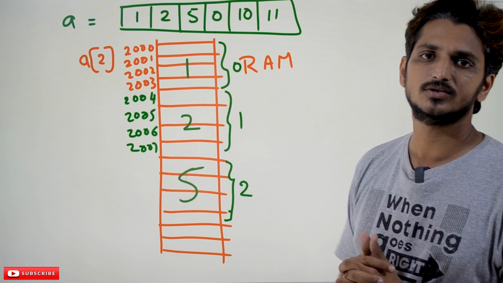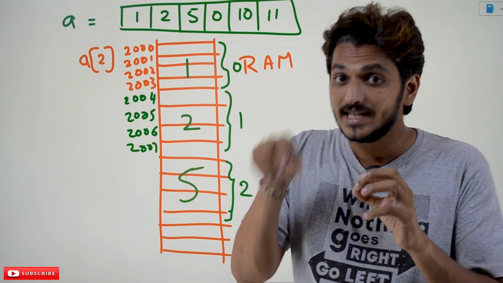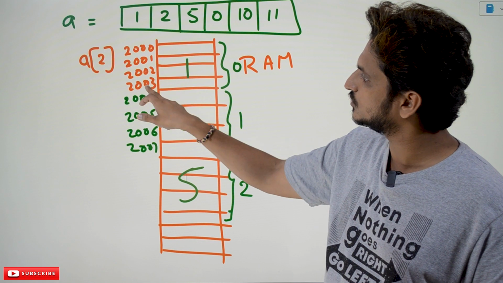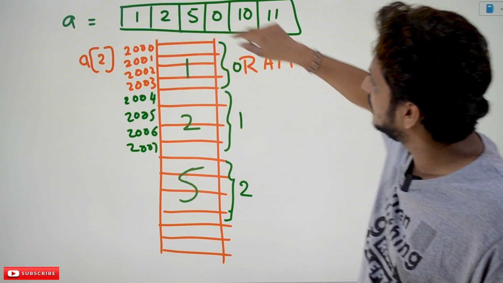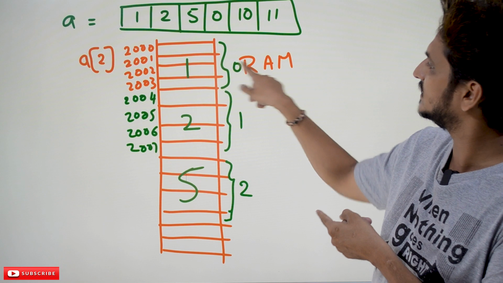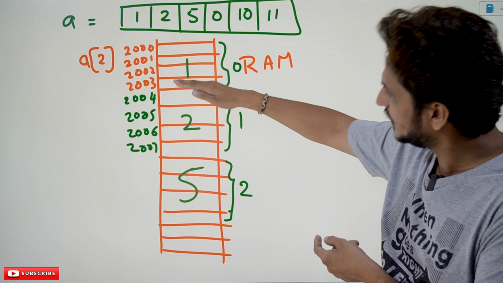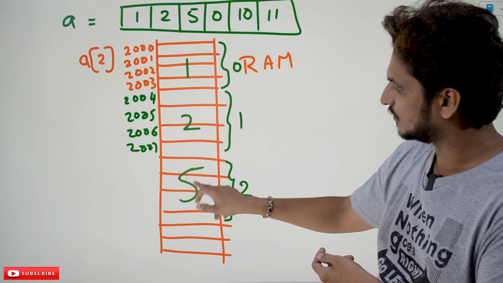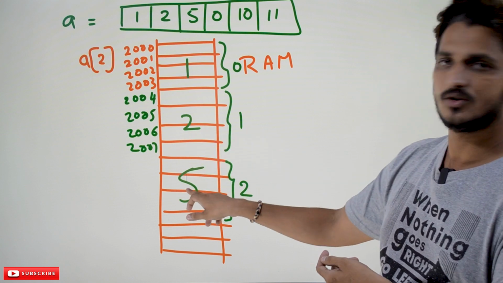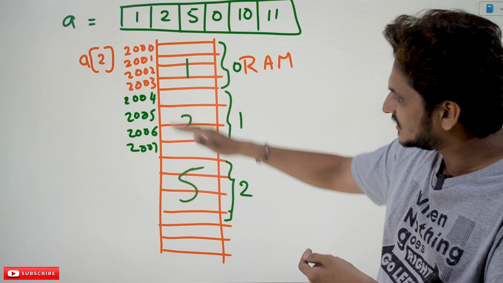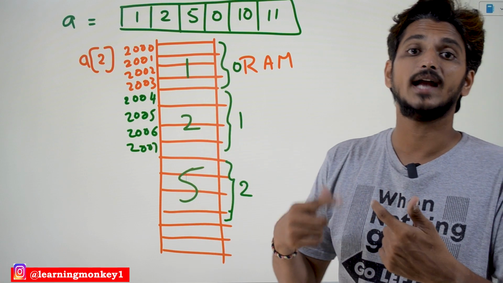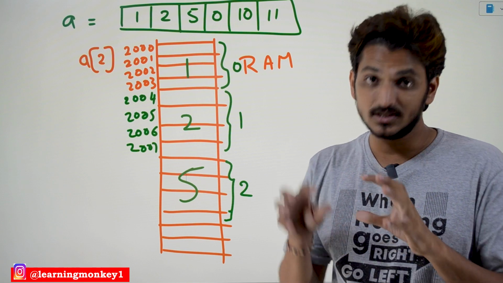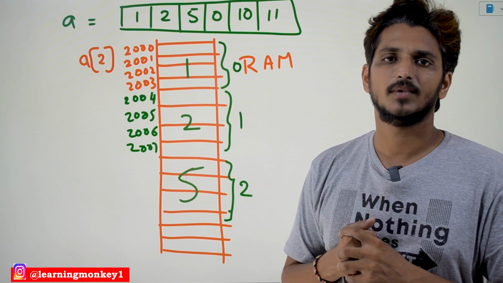In order to store an integer value, we need 4 bytes. That's why 2000, 2001, 2002, 2003. These 4 positions are given for the first element. What is the index for it? 0. Continuation, next element. What is the index for it? 1. Continuation, 5. What is the index for it? 2. This is how elements are stored in random access memory.